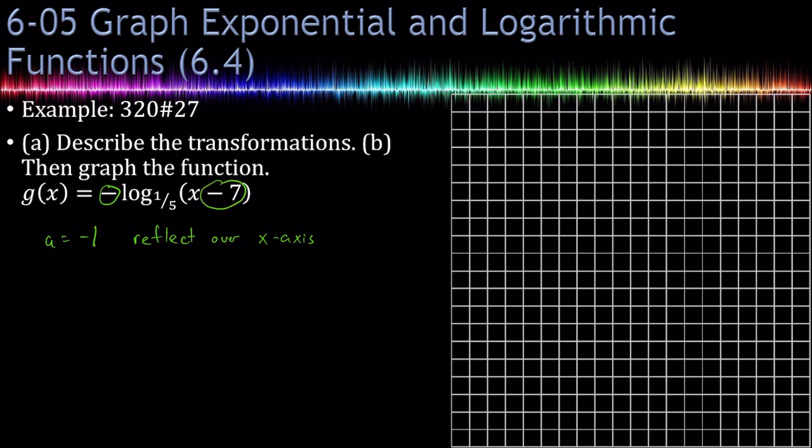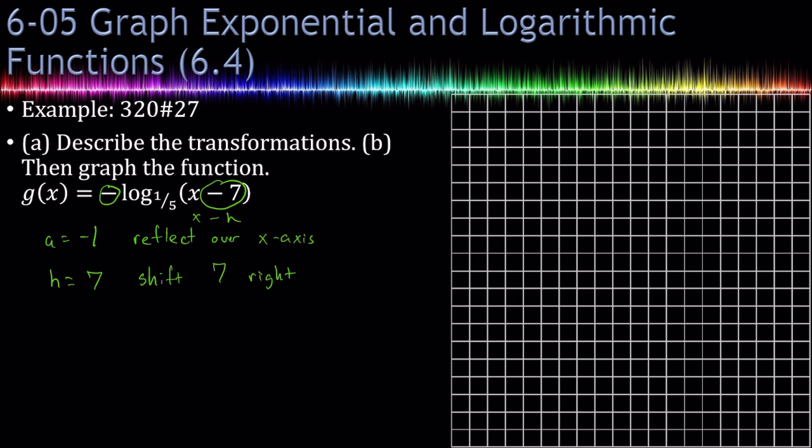That's the x minus h. So I know h is 7, which means we shift horizontally 7 to the right. Remember, the 1/5 is the base. That's not one of our transformations.